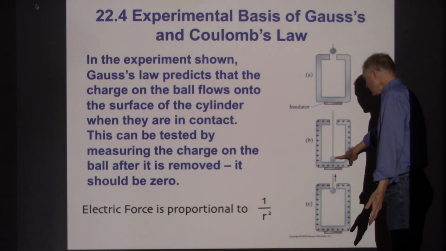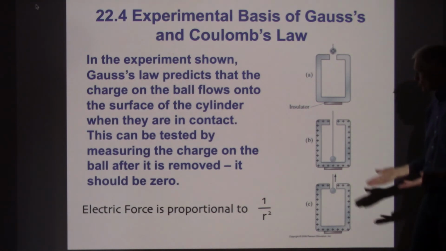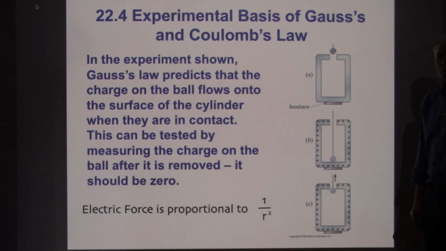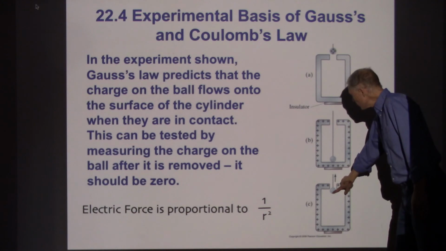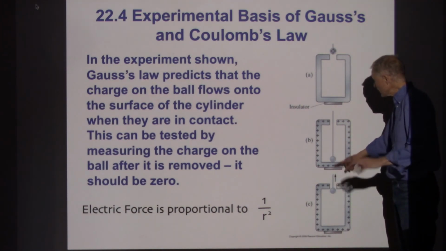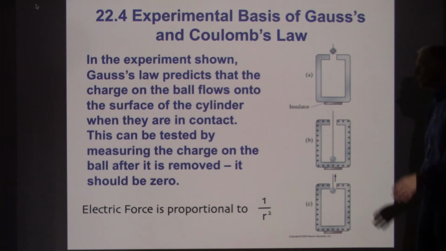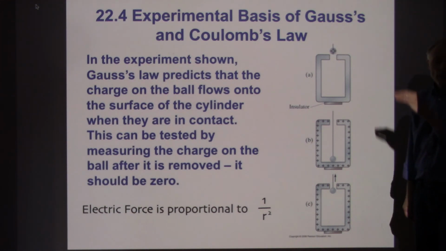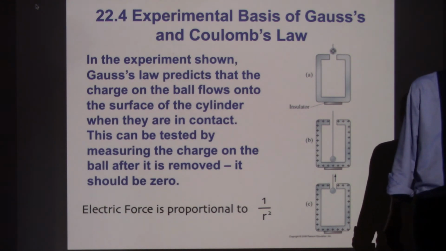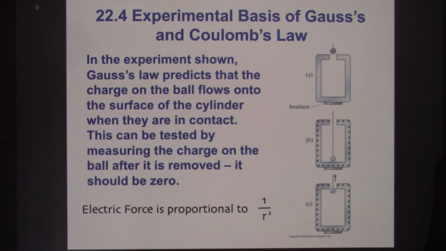It becomes electrically neutral, assuming that the electric force behaves like 1 over r squared exactly, so that when we pull this outside, again making no contact with the conductor, we bring the object out and measure that it no longer has any charge at all. The charge has been brought right to zero.